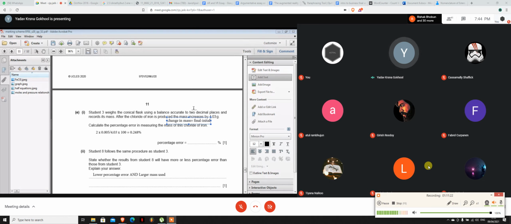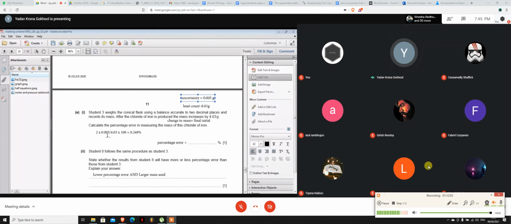Now here we are given 2 decimal places. When we have 2 decimal places, our least count is 0.01 grams. So if our least count is 0.01 grams, our uncertainty is 0.005 grams. This is why this has been used, 0.005 grams. But you know, sometimes in marking scheme, you will see that for balances, if the student uses the uncertainty or the least count, Cambridge does not penalize.